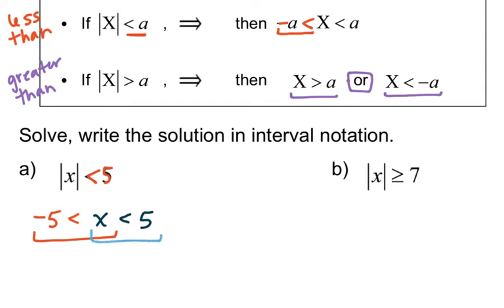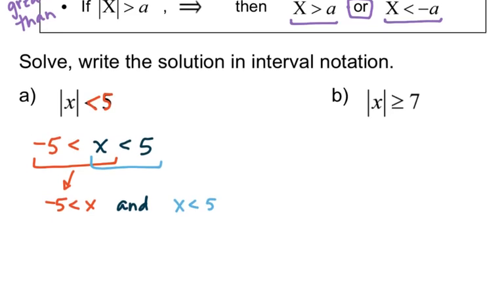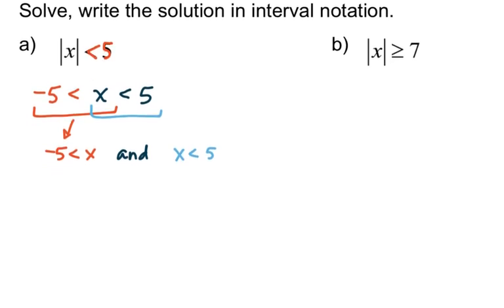Essentially, negative 5 is less than x, and because it's in conjunction, we have and x is less than 5. Thinking about what that might mean on a number line, here's negative 5 and positive 5. x is greater than negative 5, and x is less than positive 5.